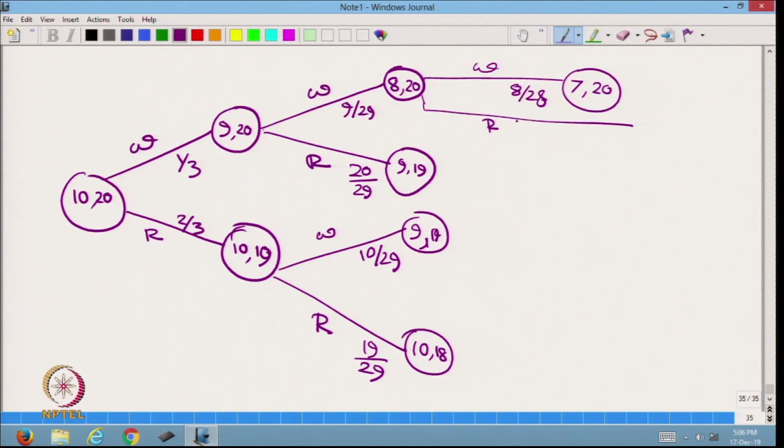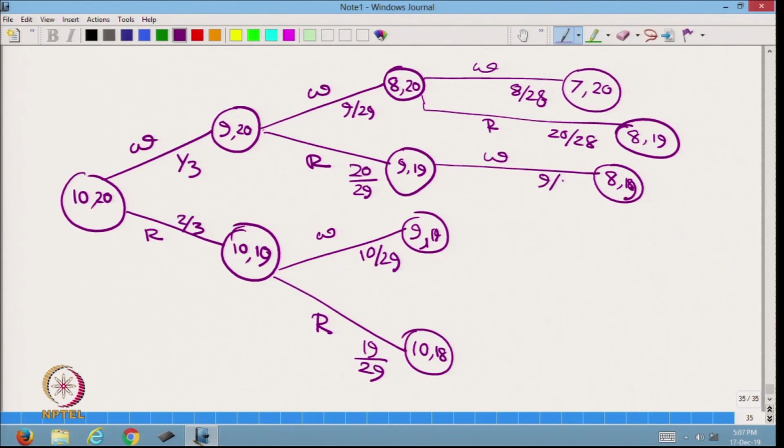If it is a red, we are going to get 8,19, and that probability is going to be 20/28. Similarly, if this is a white, that is going to be 8,19, and that probability is going to be 9/28.